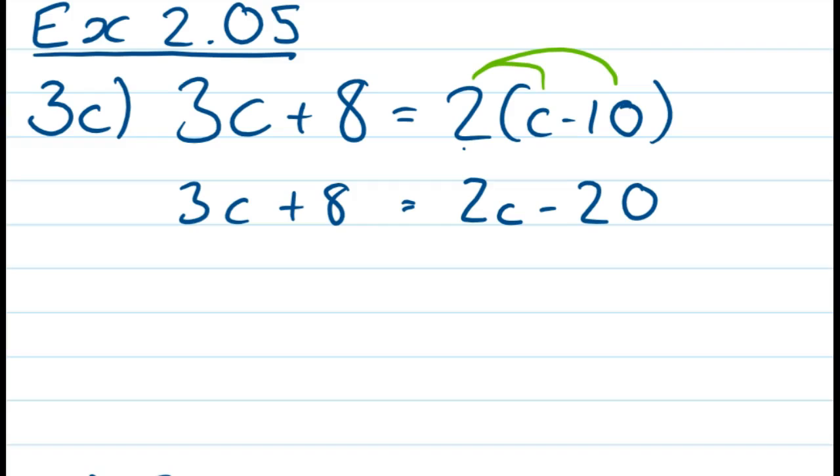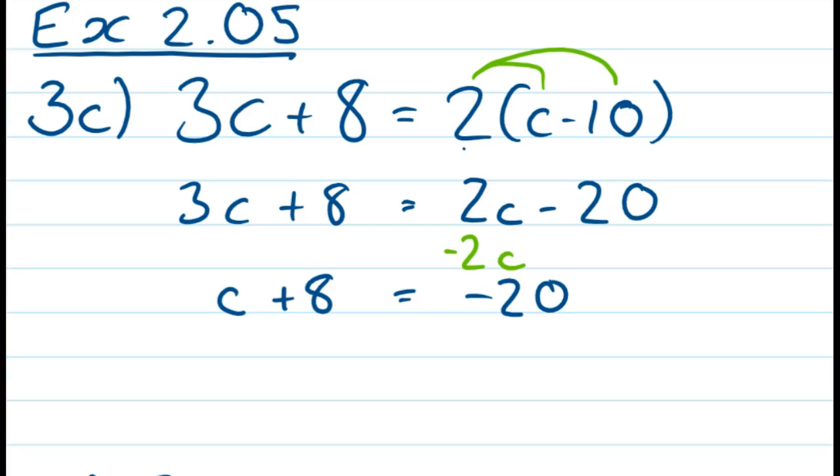Okay, now we have ones like we were doing last week. My first move is just to get rid of the 2c by taking away 2c from both sides. I end up with c, because 2c minus 3c gives me c, plus 8, because I haven't done anything with it, equals minus 20.